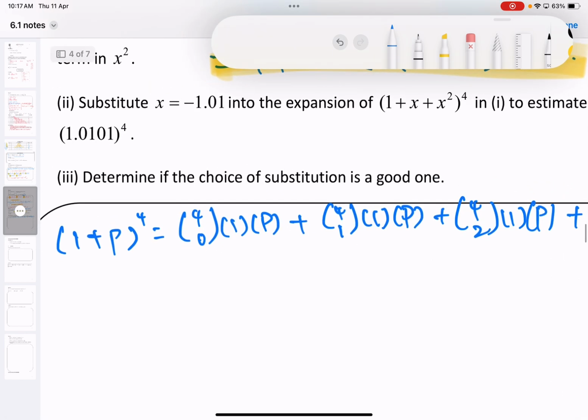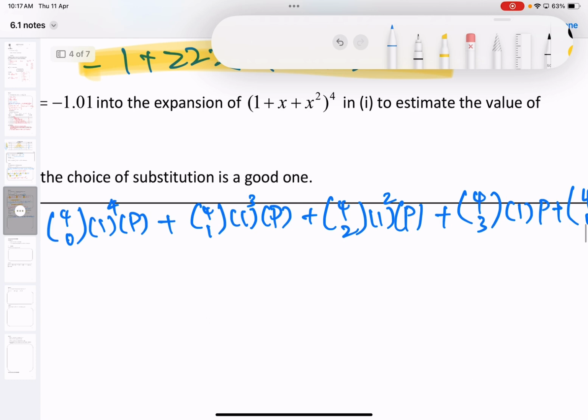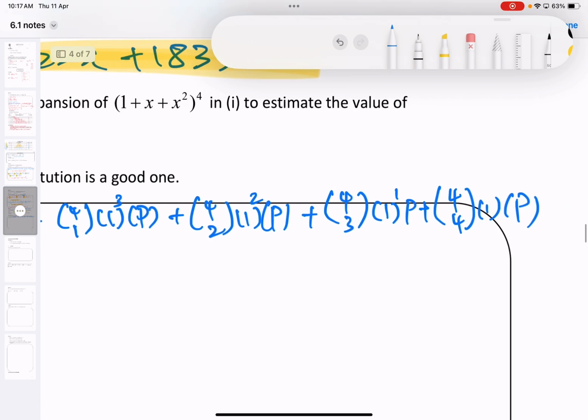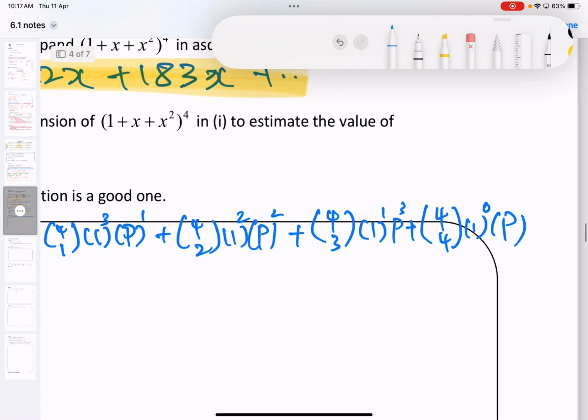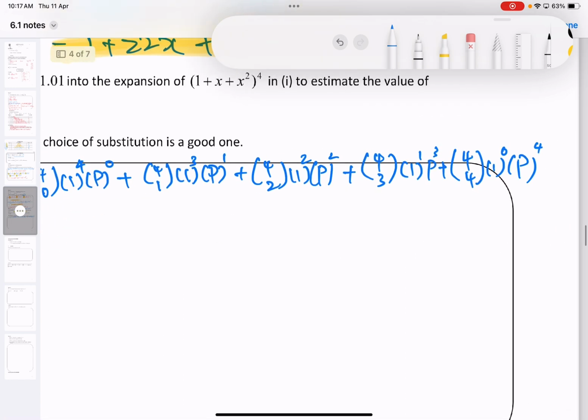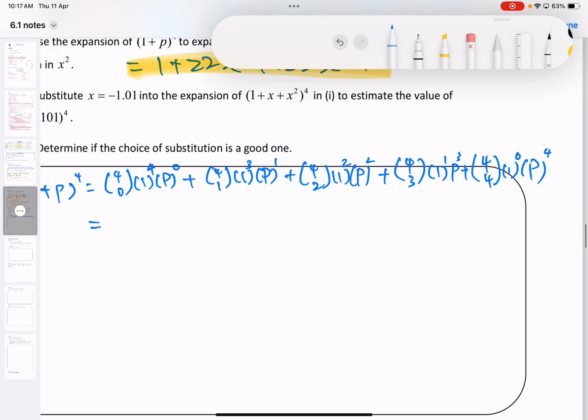Then you write down the powers. This one is 4, 3, 2, 1, 0. This one is 0, 1, 2, 3, 4. You should simplify, and once you're done simplifying, you should look up and check your answer with mine.